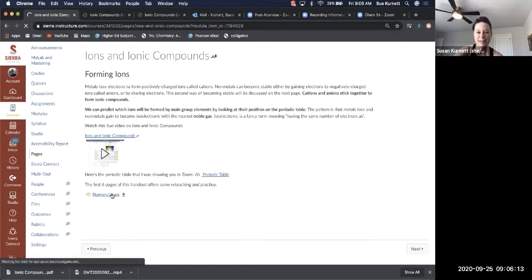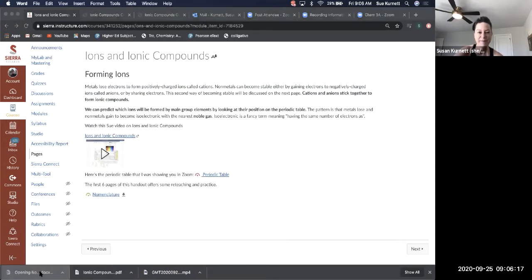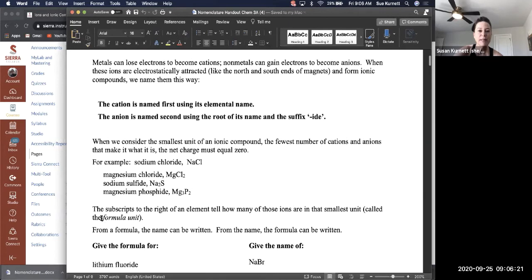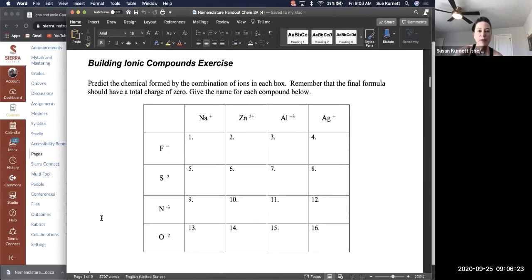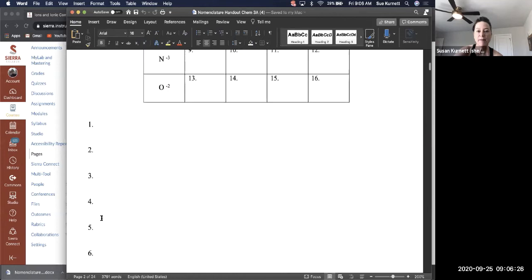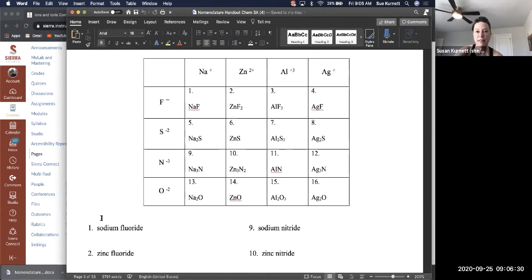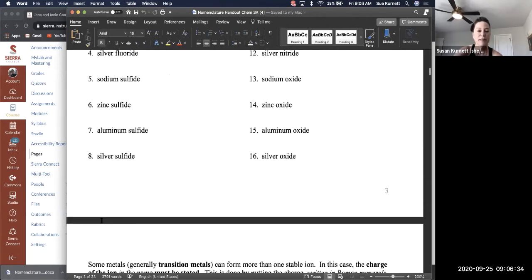Some of the pages have all the answers, so that's always good, right? Here's what we talked about Wednesday, and we practiced putting things together and naming them. This practice we didn't do. We did something similar to it, but you can do this practice and then check your answers.